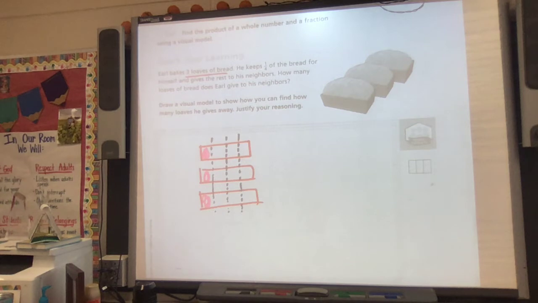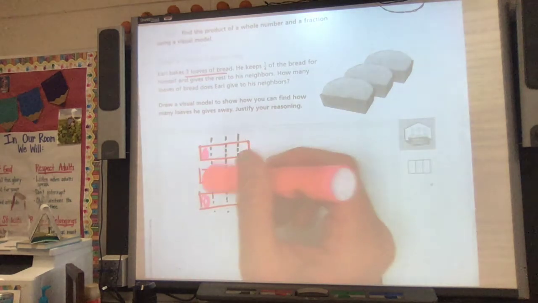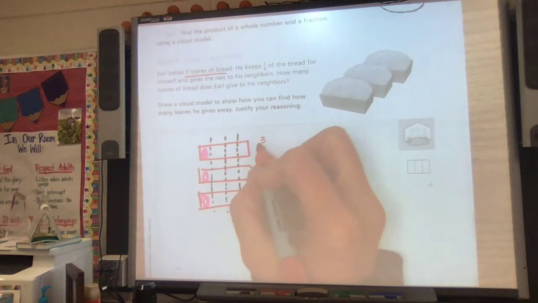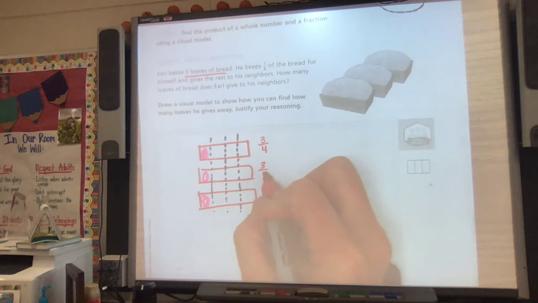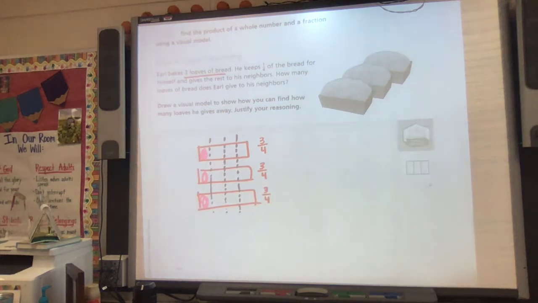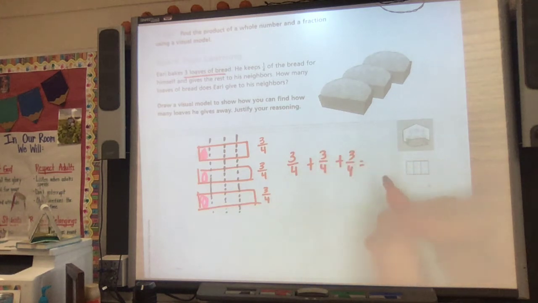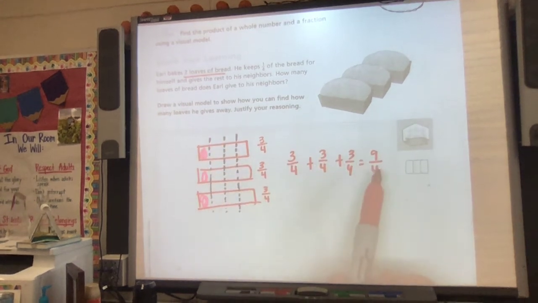Now these are all split into fourths, so how many fourths is that? There's 3/4 here, 3/4 here, and 3/4 here. 3/4 plus 3/4 plus 3/4 is 9/4, because I have 9 little fourths.